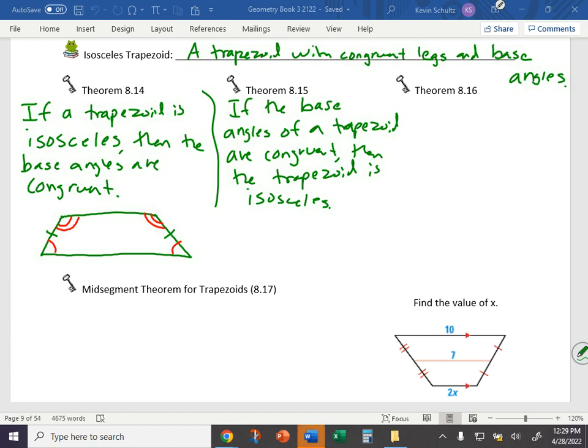So we're going to reverse the colors here. If we know the base angles are congruent, then we can conclude that the legs are congruent as well. And then, of course, the angles up the top also.